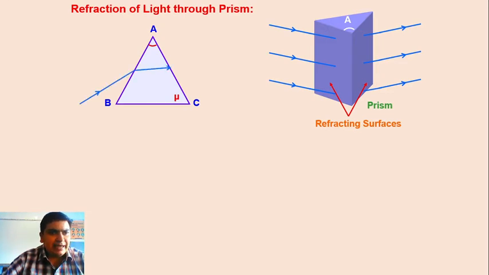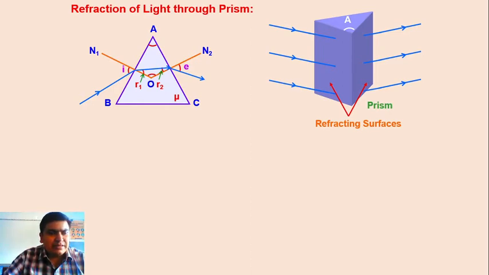When the incident light comes at an angle i, there are two normals here. One is normal N1, associated with surface AB, and the other normal N2 is associated with surface AC. I want to note that AB and AC both are refracting surfaces. This is angle i, angle r1, and here is angle r2, and that is the angle of emergence e.